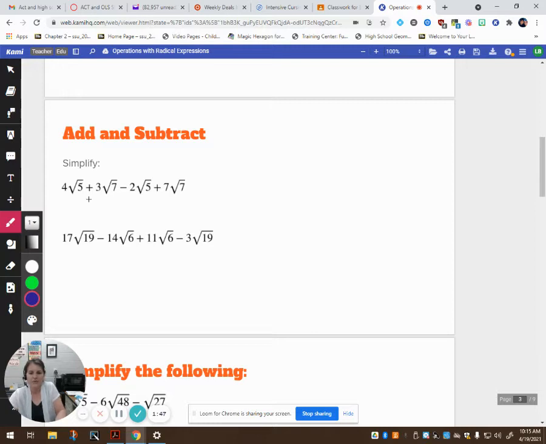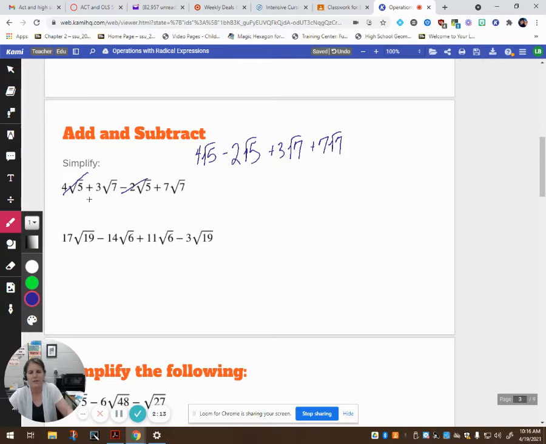So thankfully, we've got this commutative property that we've talked about this entire school year that allows me to reorder the terms. So I'm going to put 4 radical 5 and this negative 2 radical 5 side by side. Notice that I kept the sign that was in front of it. Then I'm going to put my radical 7s together. So I've got a positive 3 radical 7 and a positive 7 radical 7.